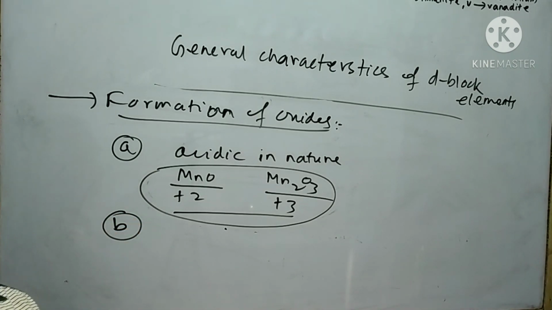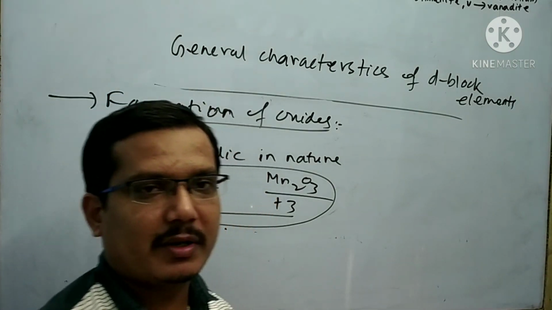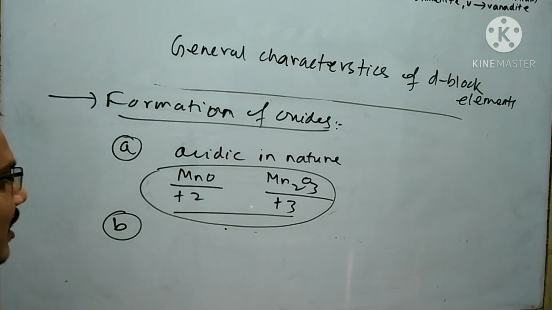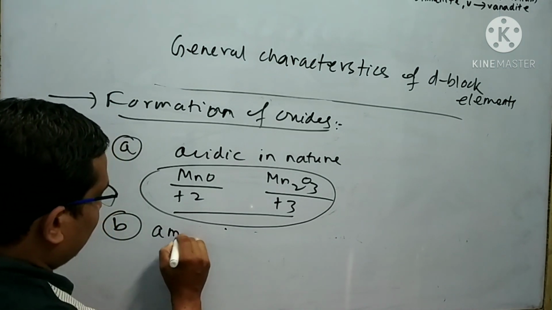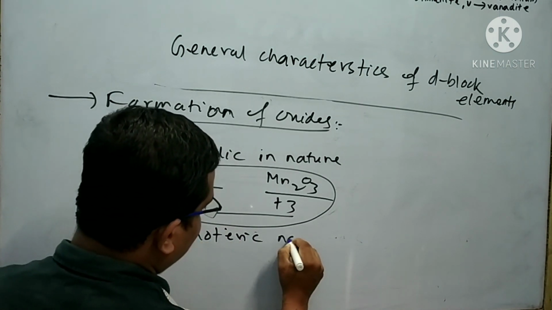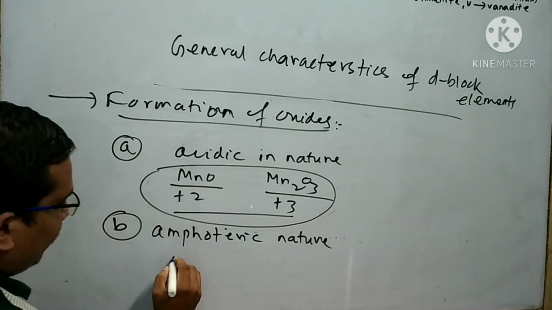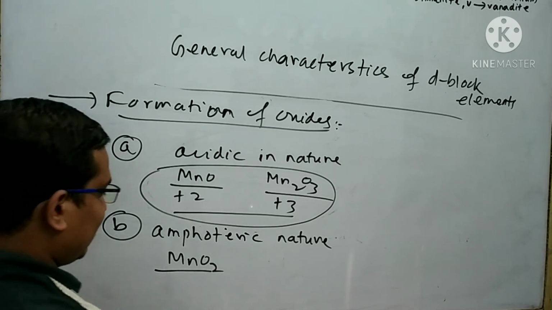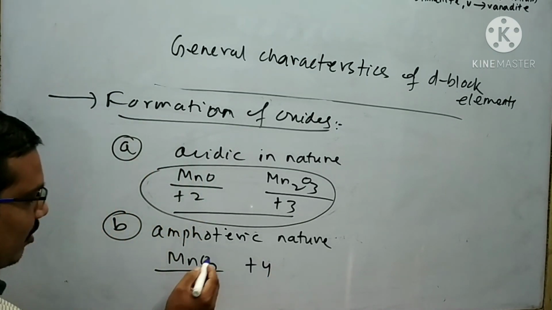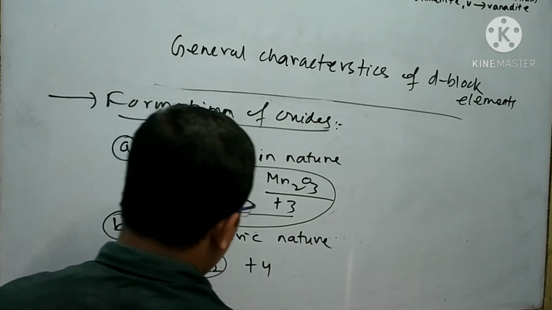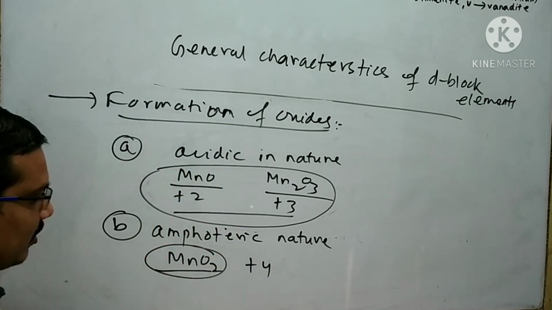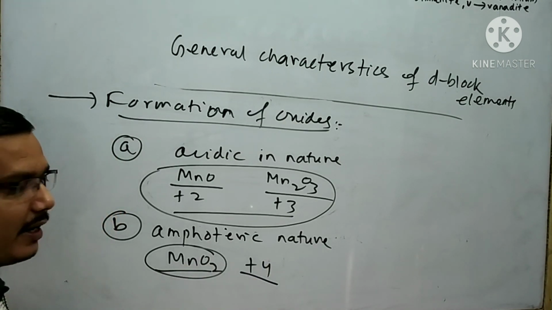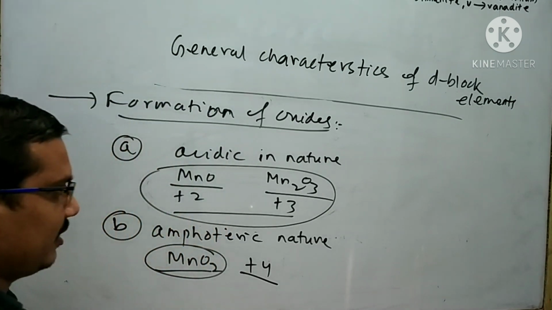Similarly, the oxides of transition metals in which the metal shows an intermediate oxidation state are generally amphoteric in nature. For example, MnO2. In this compound, the oxidation state of manganese is +4, which is an intermediate oxidation state, and the compound is amphoteric.